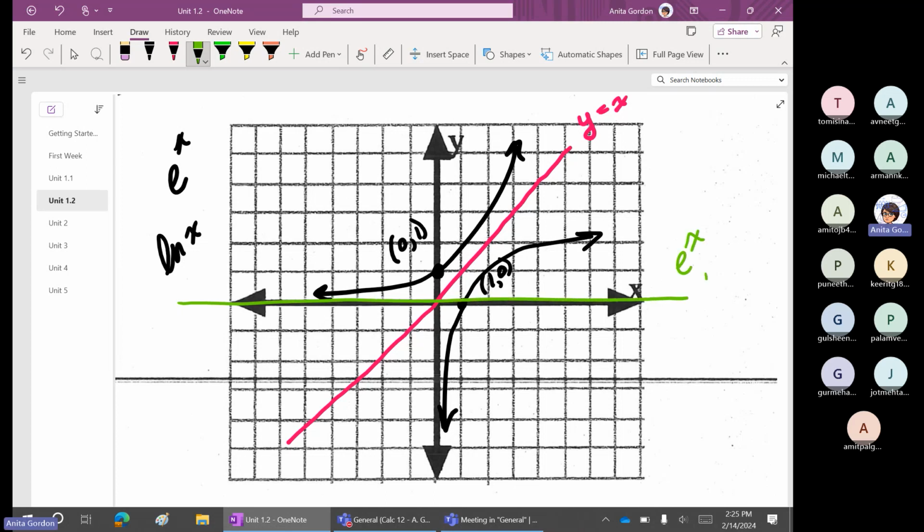Okay, now e to the x has a horizontal asymptote at y equals 0. Inversely, now ln x has a vertical asymptote at x equals 0.